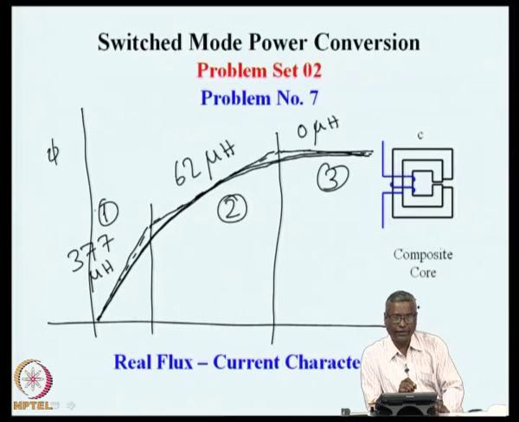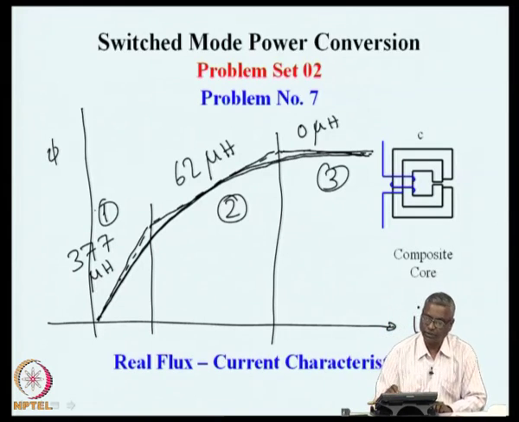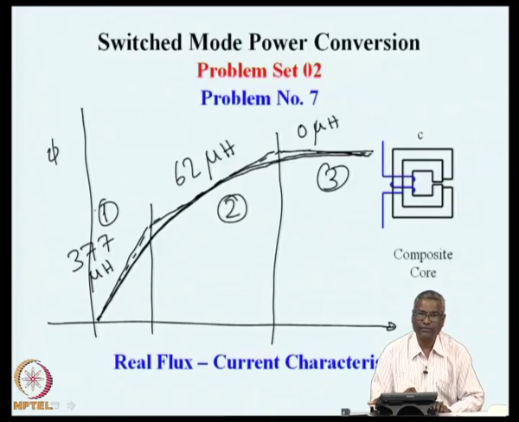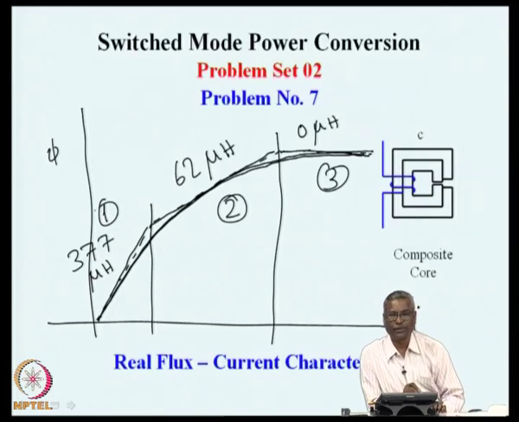Where does one need such nonlinear characteristics of inductors? It is possible that in certain circuits, when the circuit current is very small, we may like to have large inductances. So, that small current is smoothened much better. But when the magnitude of the current in the circuit is very large, we can afford to allow a higher ripple.